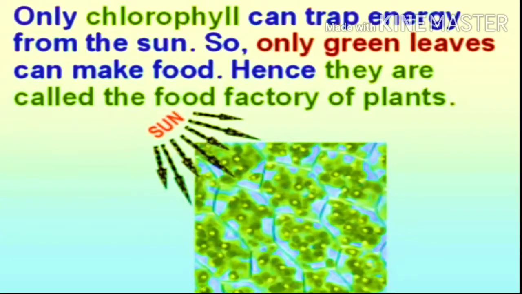Only chlorophyll can trap light from the sun, so only green leaves can make food. Hence they are called the food factory of plants. So in the process of photosynthesis, chlorophyll is the main factor because it can trap sunlight for preparing food.